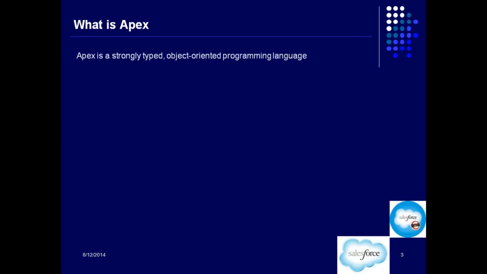Okay, so here we are on Apex. Apex is the second programming language that we will use in Salesforce. As we talked about earlier, there are two things: one is Visualforce, one is Apex. So we will learn about Apex. What is Apex? Apex is a strongly typed, object-oriented programming language. Like Visualforce was more of a markup language, this is a proper programming language.